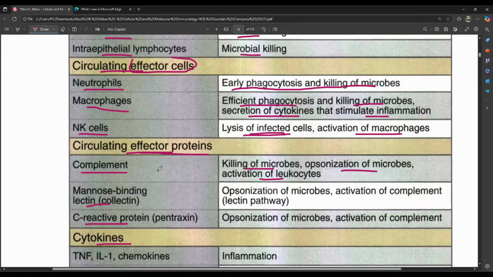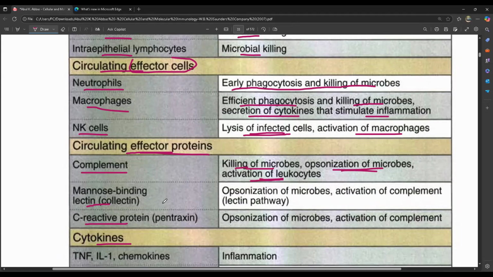But when there is a trigger, when a foreign microbe enters, the complement system becomes active. About 30 different proteins are involved in the complement. When activated, it helps in the killing of microbes, opsonization of microbes to increase the chances of their phagocytosis and clearing, and activation of leukocytes.